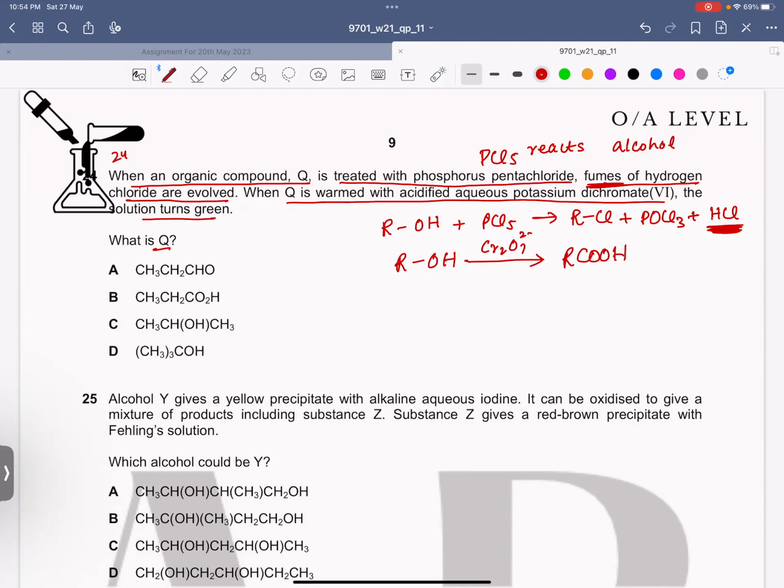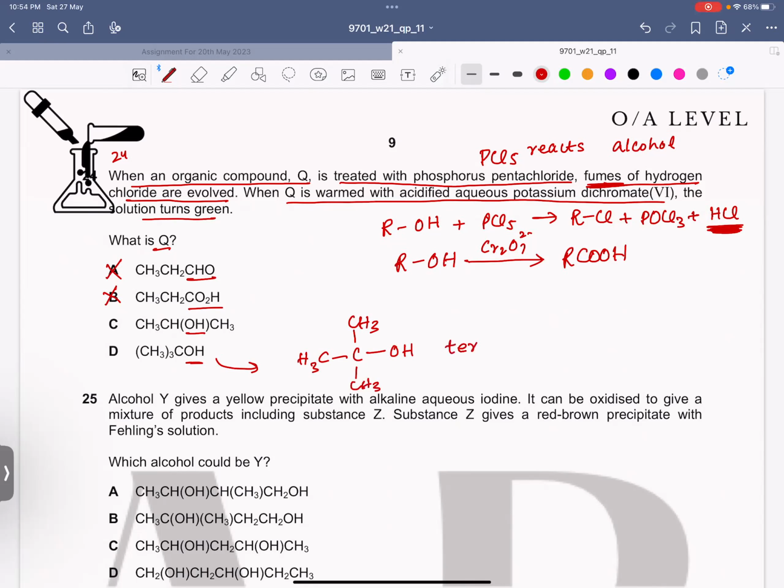If you look at this one, there is an aldehyde, so A goes wrong. There is a carboxylic acid, so B goes wrong. These two both have an alcohol, but if I draw the structure of D, the carbon having an OH has three CH3 groups, which makes it tertiary.